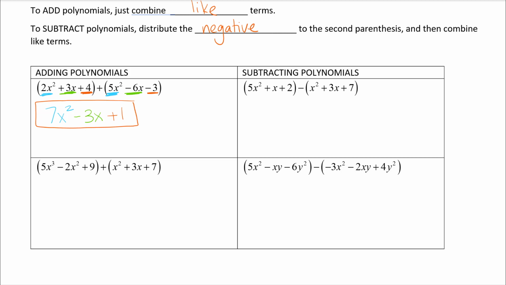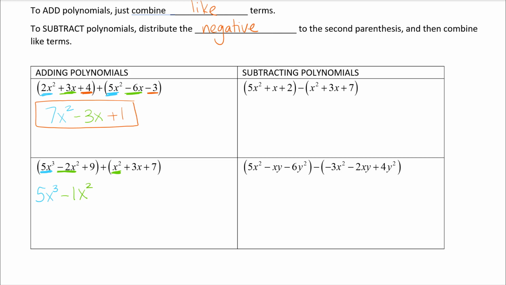Let's do the one right below it because that's very similar. X cubed, 5x cubed. I don't see any other x cubes here, so that just stays the same. Next, I'm looking for x squareds. Yeah, I see another x squared here. So negative 2x squared plus 1x squared is negative 1x squared.